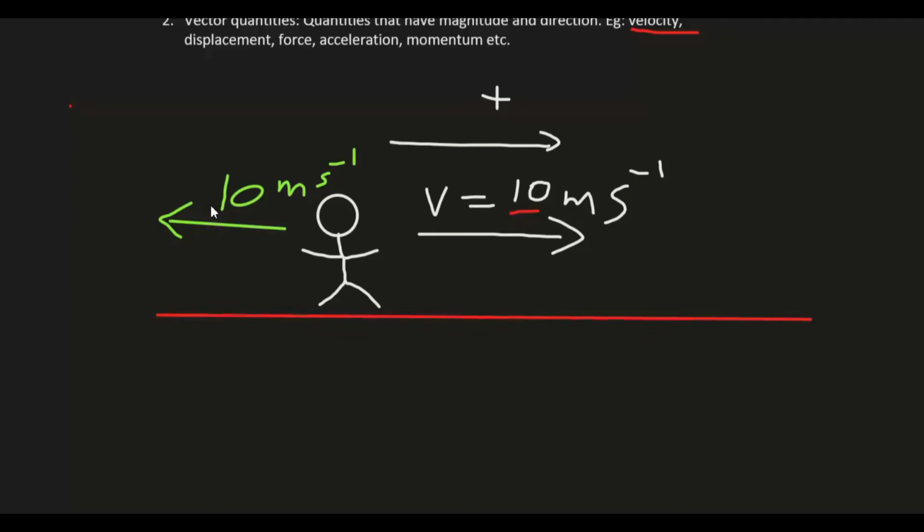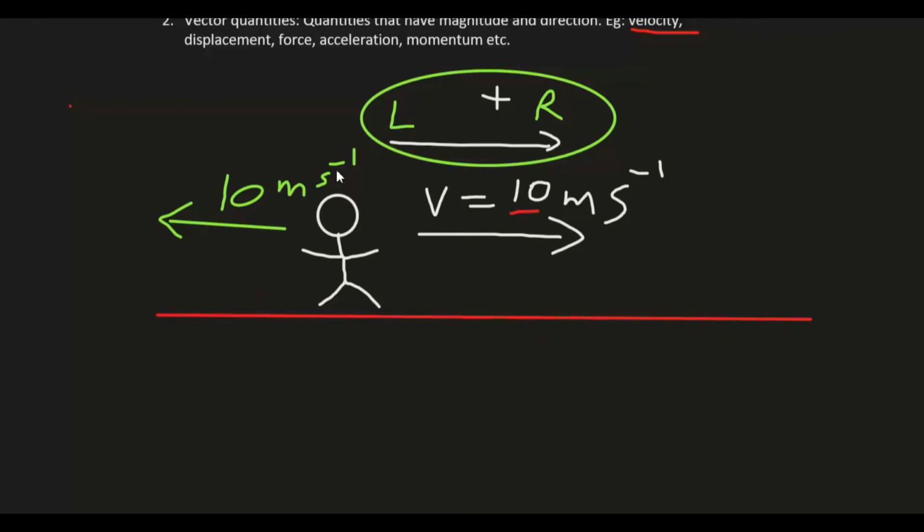What about his velocity? I cannot say that he is going 10 meter per second in this way. It doesn't make sense. So remember that I had given an initial direction of the field, right? That this direction is positive. So if he is moving from left to right, we consider it as a positive direction.